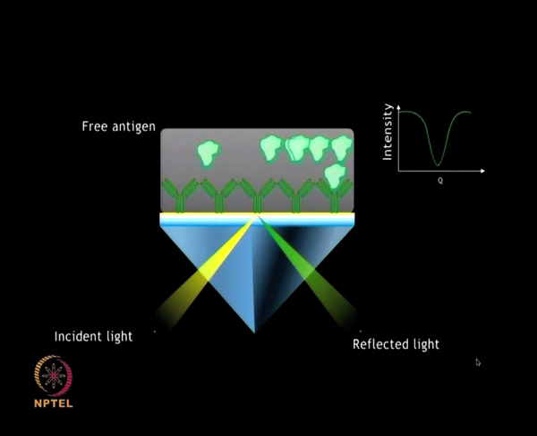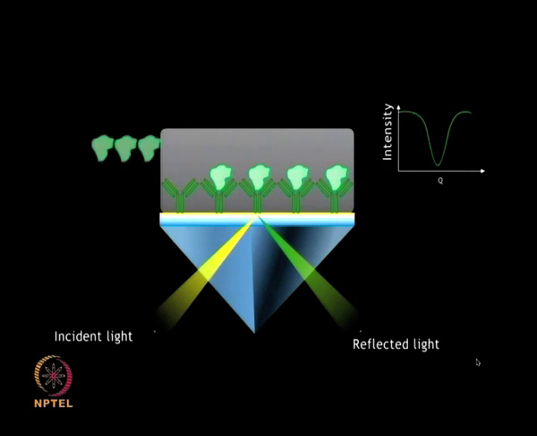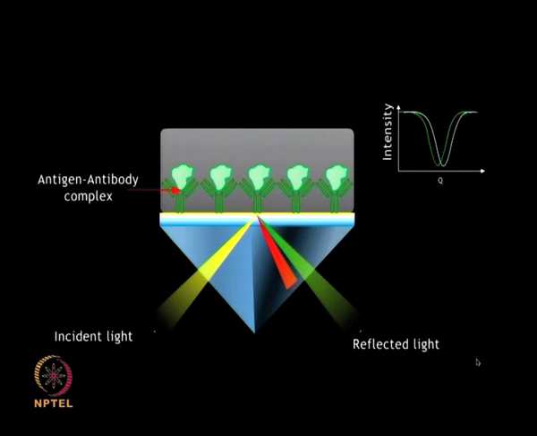Initially, there is no change in reflected light. The binding of antigen to antibody immediately brings about a change in the angle of reflection of light due to changes in the refractive index of the medium.